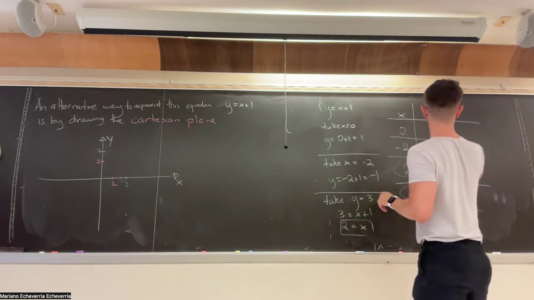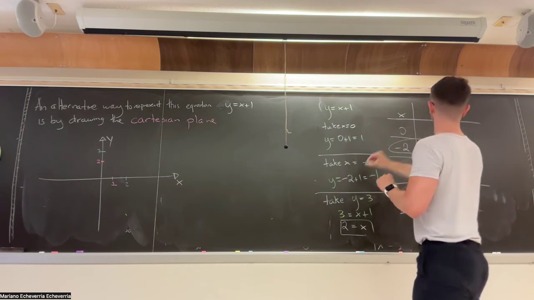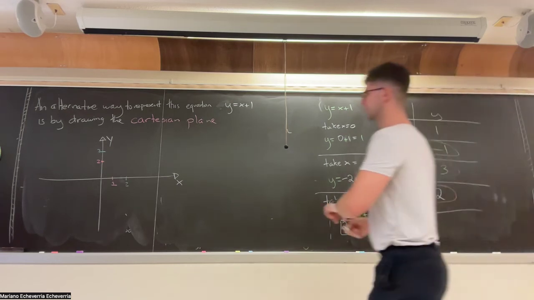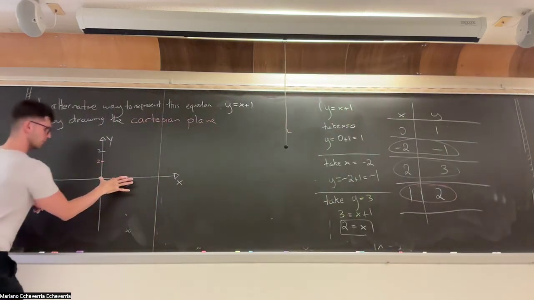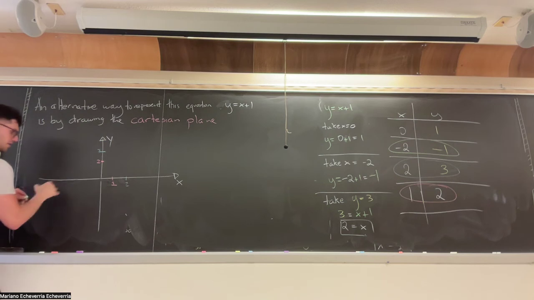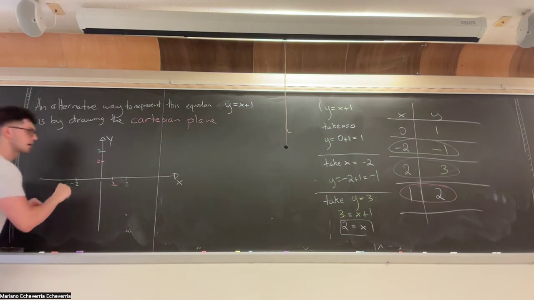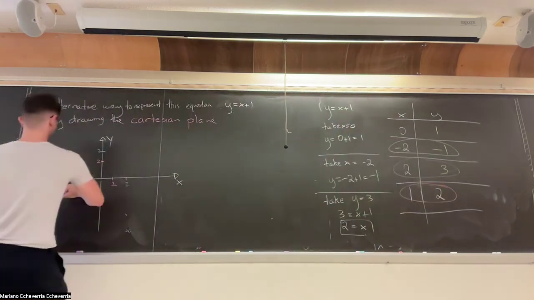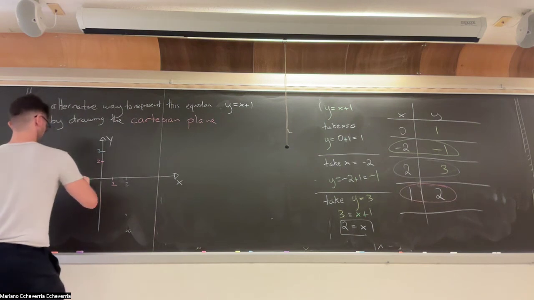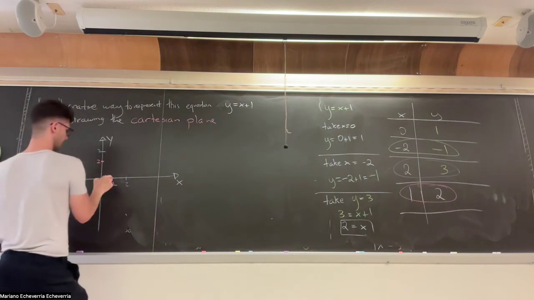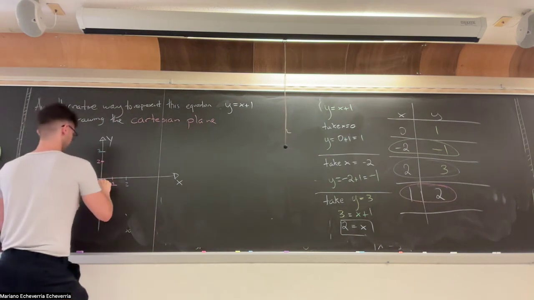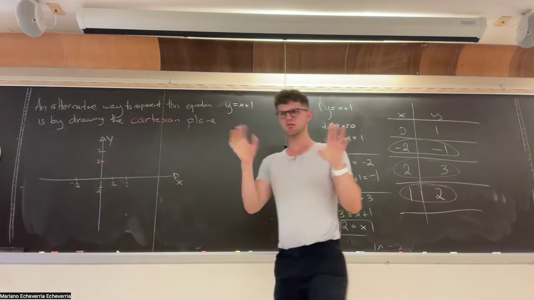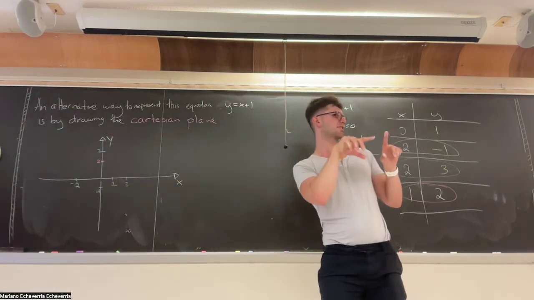Put -2, so -2 is somewhere in here, and -2 goes with -1, somewhere here. Is that, more or less, how the matching works?